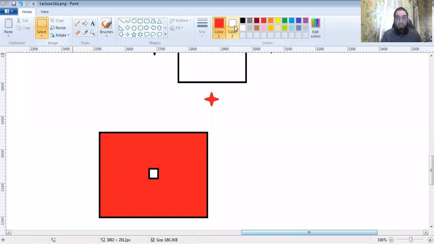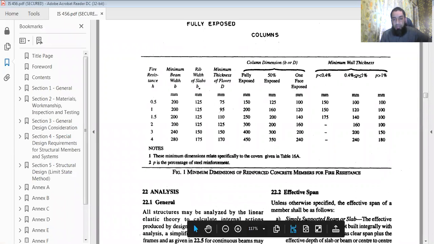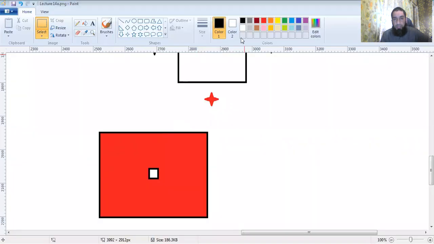Now, there is also a case where it's 50% exposed to fire, and then there is one face exposed to fire. So that case would be if there is a column, for example, somewhere here.